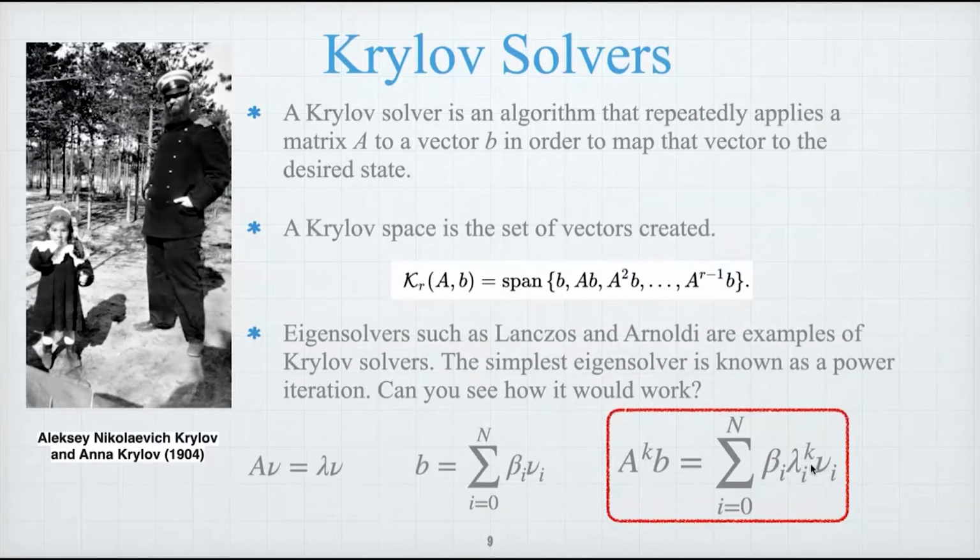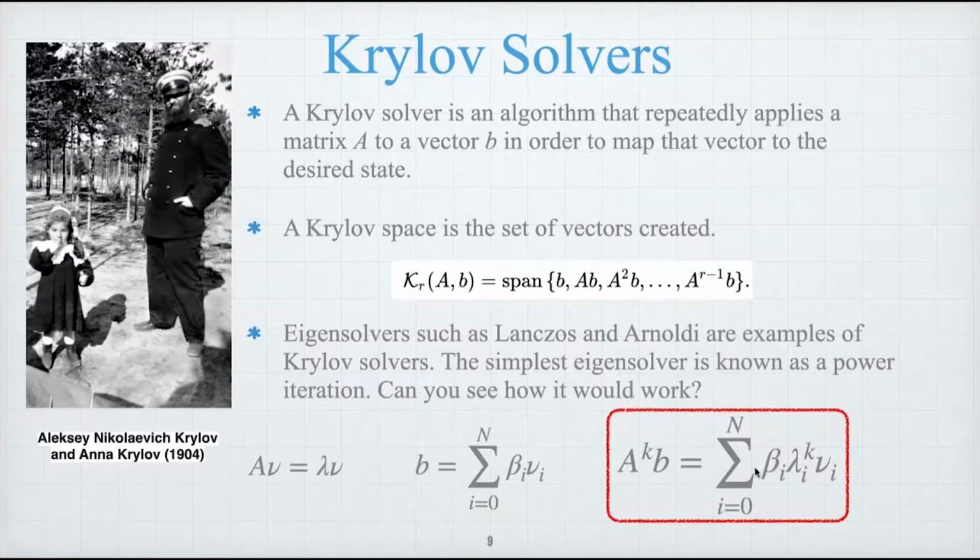What do you think this right-hand side is going to be? Like if lambda is really small, then it will go to 0. If lambda is greater than 1, it will grow really big, I expect.